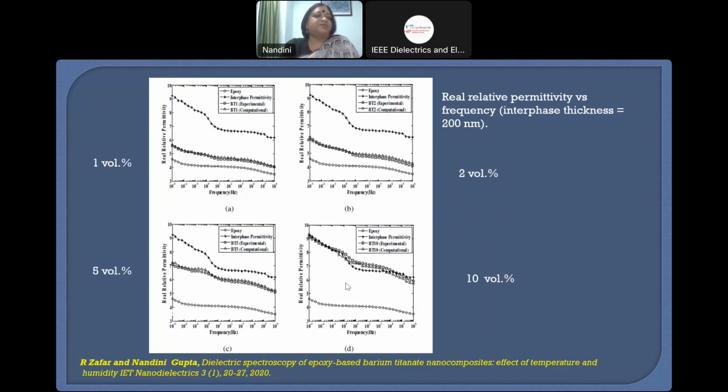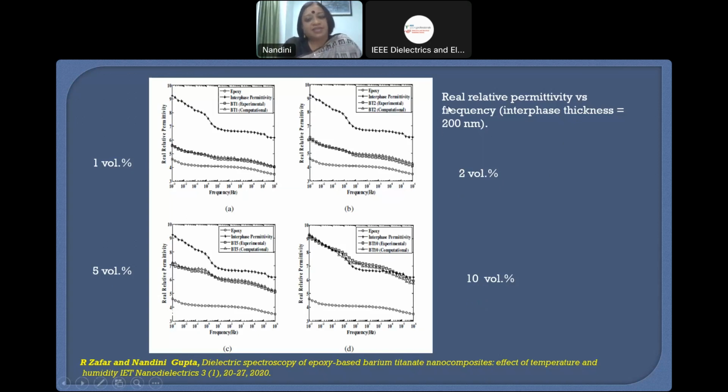In this case, the difference is that we were able to measure the broadband frequency permittivity of the barium titanate nanopowder. And the estimates that we obtained for real permittivity and the interface thickness, we were able to obtain a match with experimental data for 1%, 2%, 5%, and 10% with the same data, which kind of gave some confidence in our results.